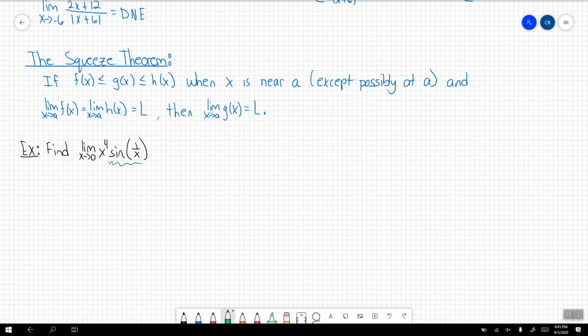Here I'm going to say recall, and all of my recalls are in orange, so I'll make that orange. Recall that the absolute value of sine of x is bounded by 1.